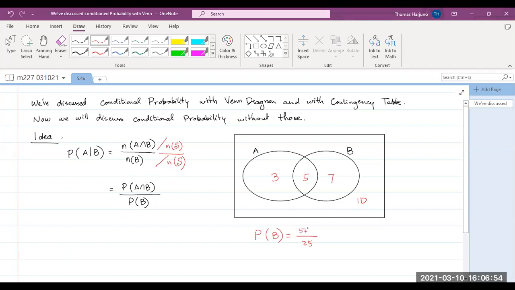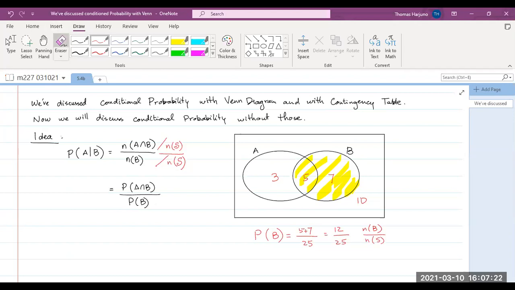That's 12, right? That's 12 over 25. So you see the way we compute the probability of B here is the number of elements in B divided by the number of elements in the Venn diagram. Does it make sense right now?